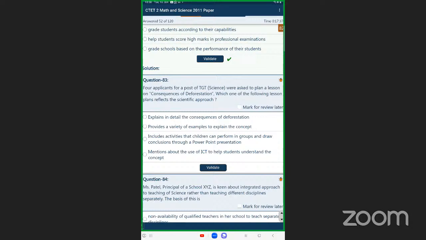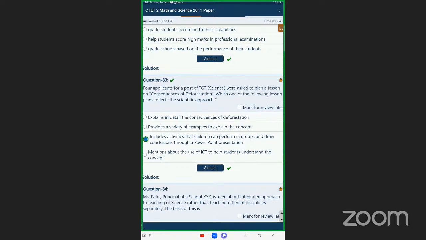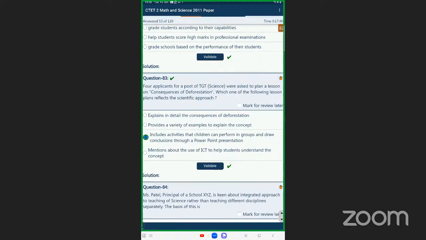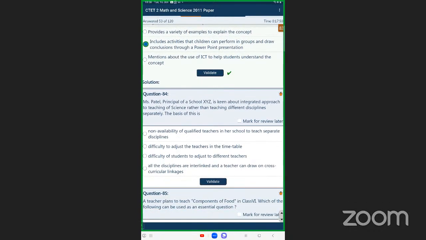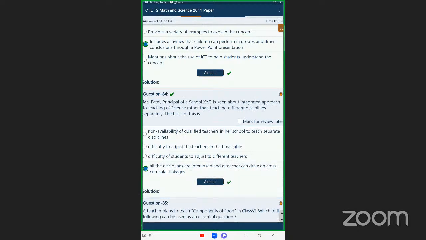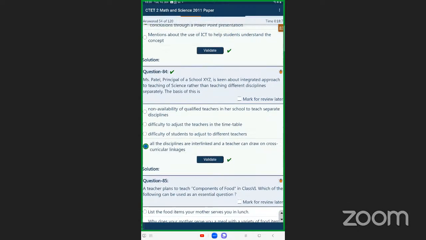So include activities that children can perform in groups and draw conclusions through a PowerPoint presentation. Now, Principal XYZ is keen about an integrated approach to teaching science rather than teaching the different disciplines separately. The basis of this, student, is that all the disciplines are interlinked and the teacher can draw cross-curricular linkages.